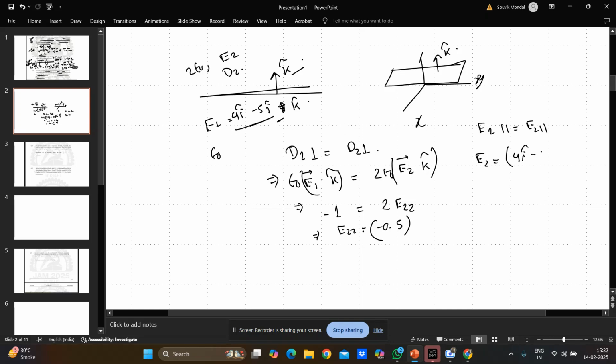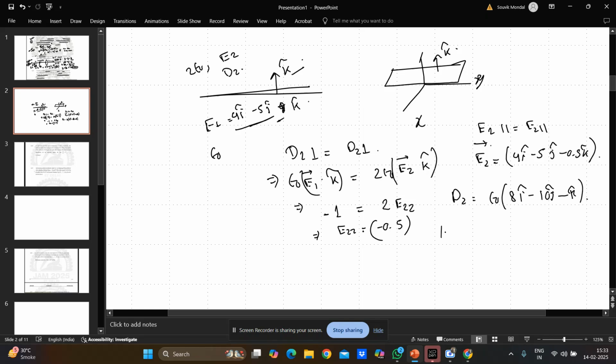So it will remain the same, only the z component will change, right? So this is your E2 vector. And what is your D2 vector? Multiply it by 2 epsilon naught. So it will simply become 8 i cap minus 10 j cap minus k cap.